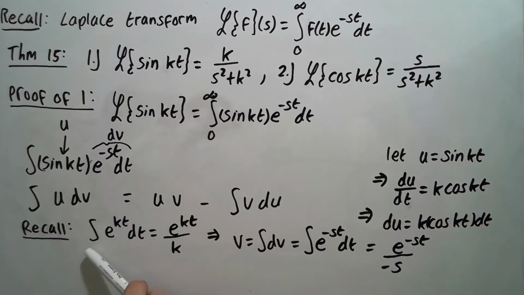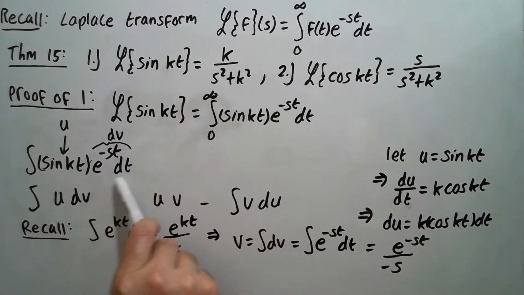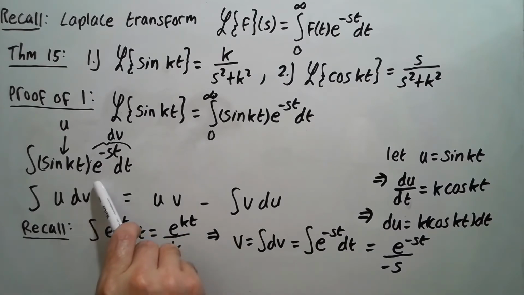First recall that if you integrate e to the at with respect to t, it's going to be e to the at over a, plus a constant. Don't worry about the constant here. So if my dv is this, my v will be the integral of e to the minus st dt.